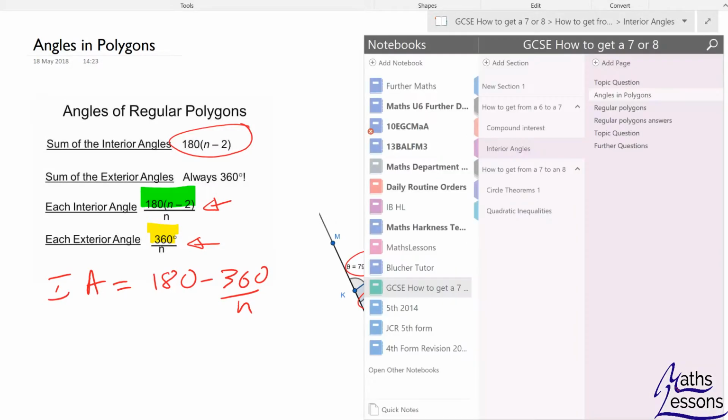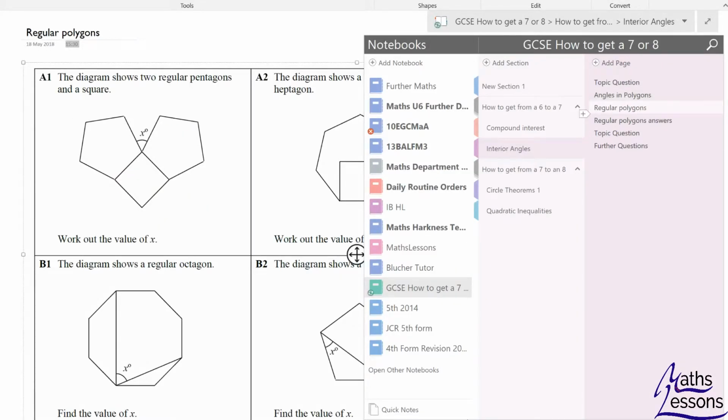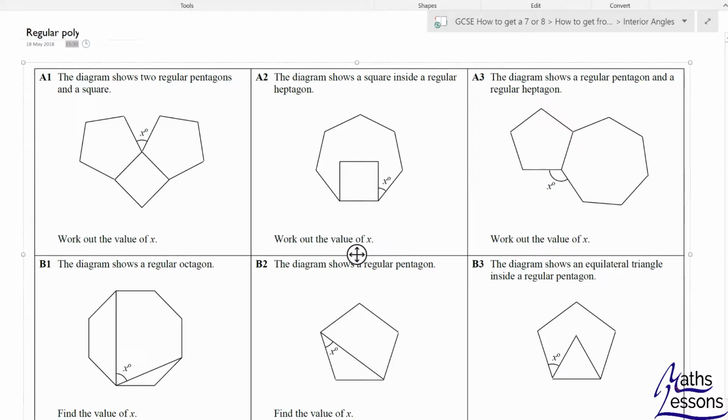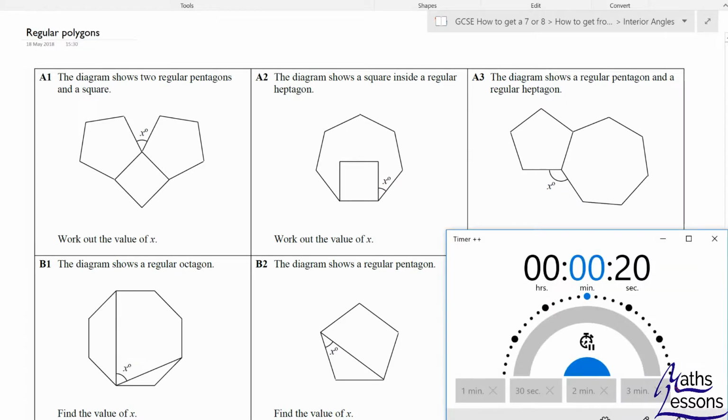So let's have a look at putting that into place. Here are some questions; we've got question 1 here. I'm going to give you a minute to start on that and see how you get on. That clock's not working, so what we'll do is, yes it is, there we go, we've got the clock working. There's a minute for you, off you go.